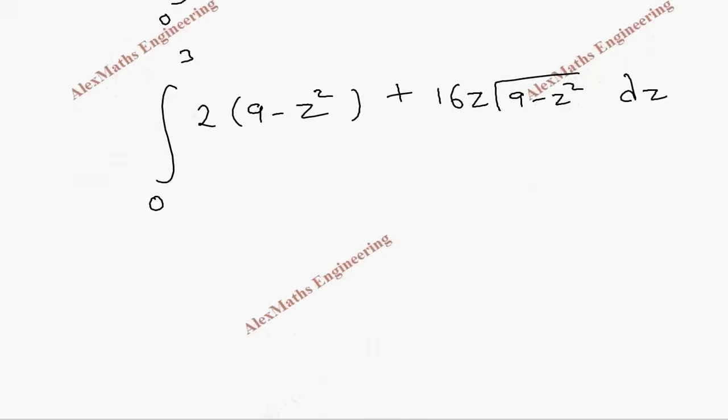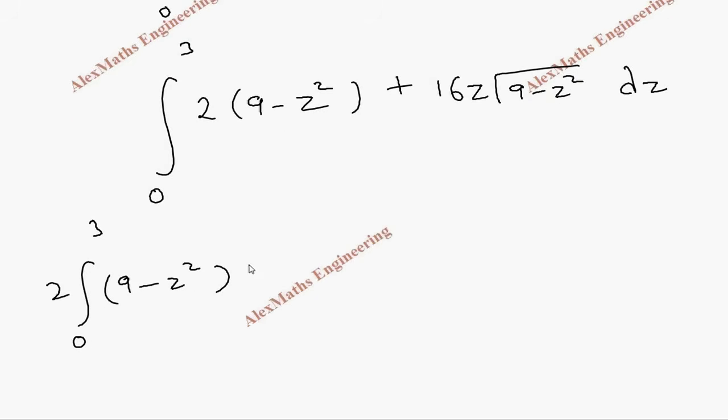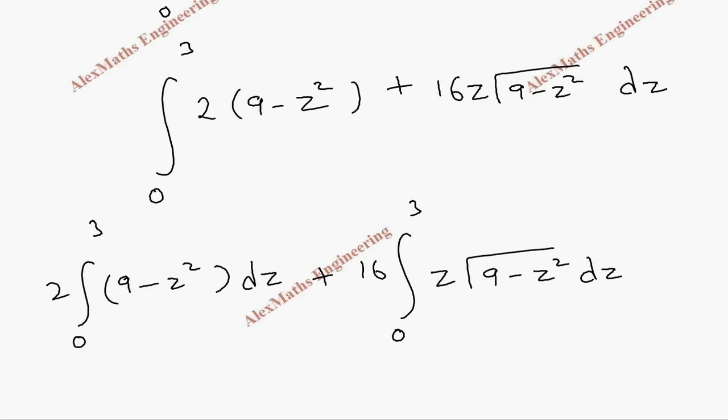Now we are going to split this into two parts. 2 integral 0 to 3, 9 minus z square. This is the first part, and we take this as dz. Then 16 is taken out, integral 0 to 3 z root 9 minus z square dz.